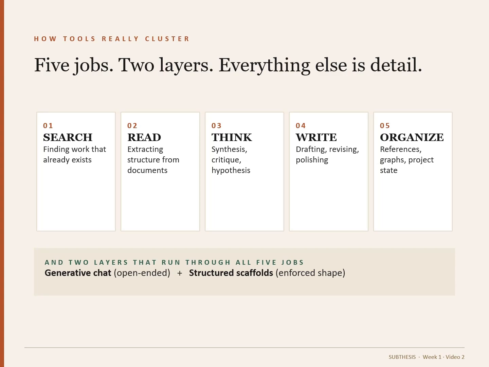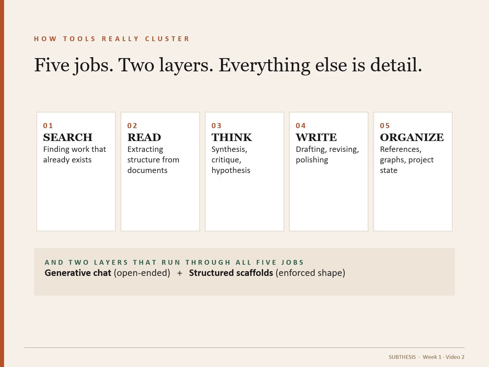Here is the mental model. Stop thinking about tools by brand. Start thinking about them by job. There are 5 jobs across the doctoral workflow. Search: finding work that already exists in your field, the lit review job. Read: getting structure out of dense documents, whether one PDF or a corpus of 300.